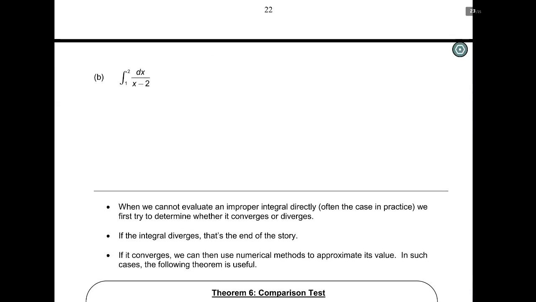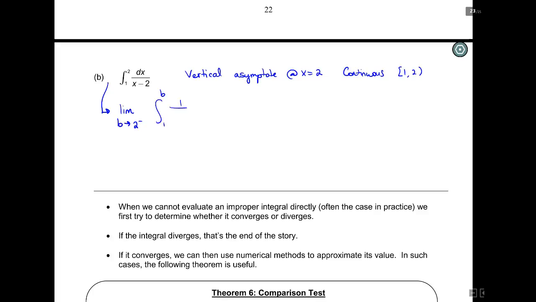Alright, again here, in this case we have a vertical asymptote at x equals 2. So it's continuous from 1 to 2, excluding 2. So I'm going to rewrite this limit as b approaches 2 from the left, the integral from 1 to b of 1 over x minus 2 dx.